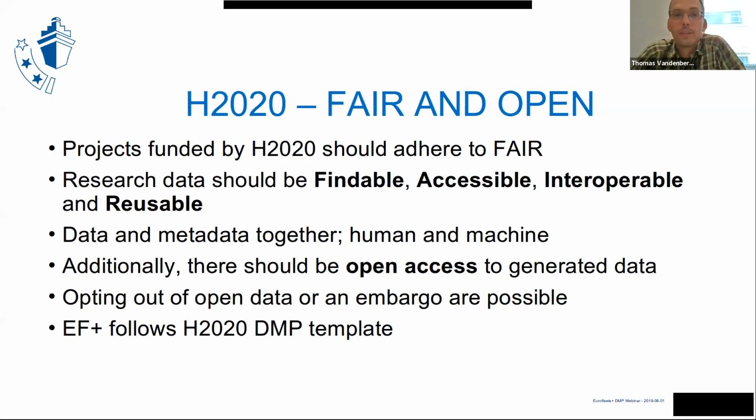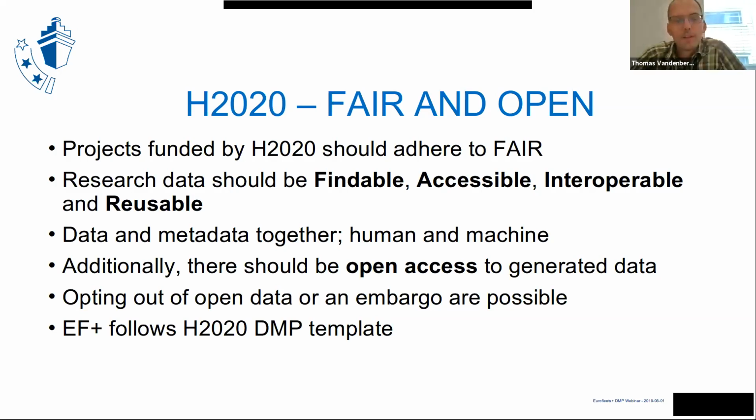Additionally, in Horizon 2020, there's an important addition that all the data generated through projects must be made open. However, it is still possible to opt out of open data, and it is also possible to apply an embargo period to your data.